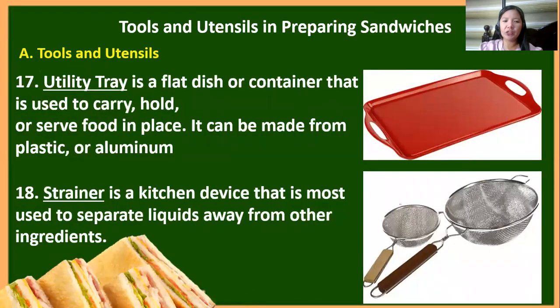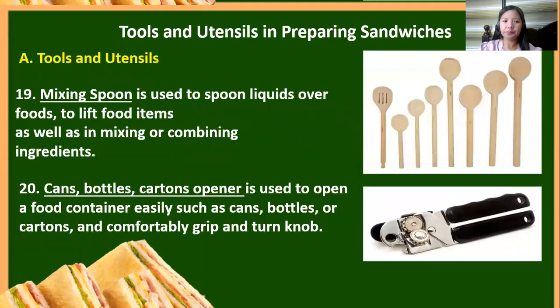Okay, we also have the utility tray. It's a flat dish or container that is used to carry, hold, or serve food in place. It can be made from plastic or aluminum. A strainer is a kitchen device that is most used to separate liquids away from other ingredients.